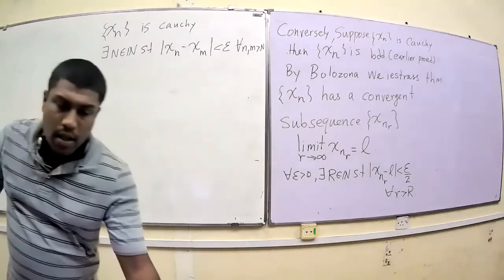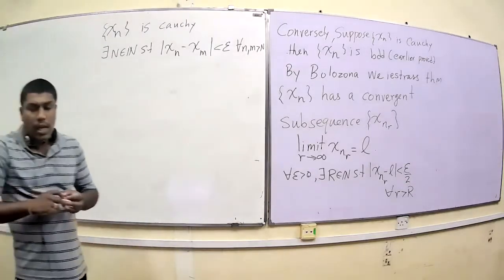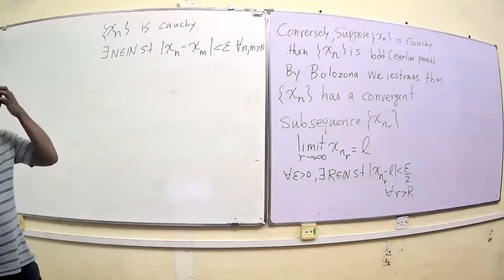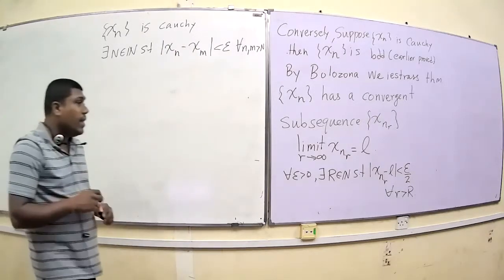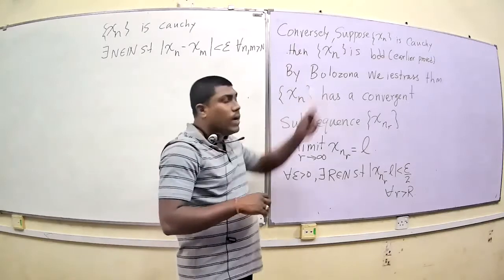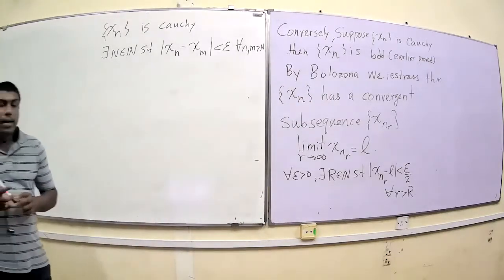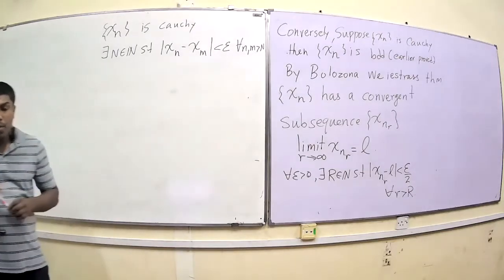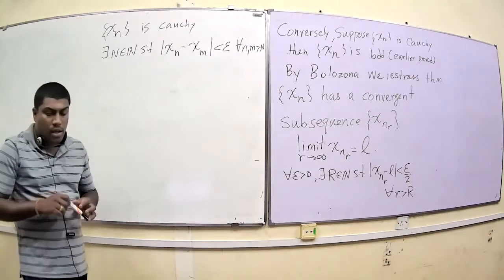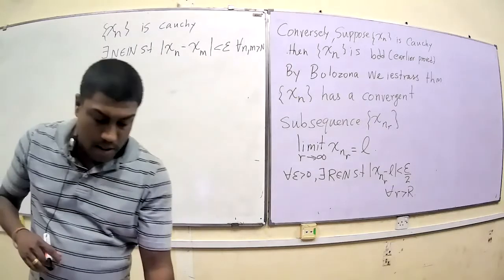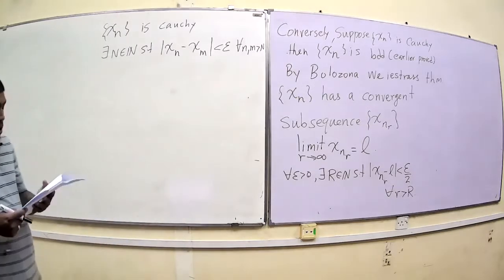So you have two results. One is associated with the Cauchy definition, and the other one is with the Bolzano-Weierstrass theorem. Because of Cauchy, it is bounded, and because it is bounded, you can apply the Bolzano-Weierstrass theorem, and then there is a convergent subsequence. Right.